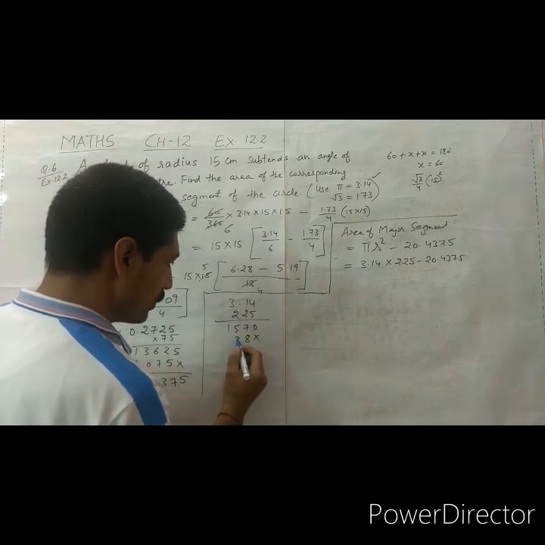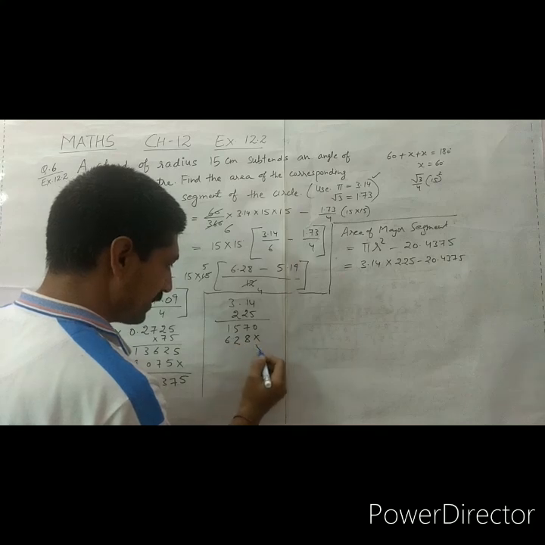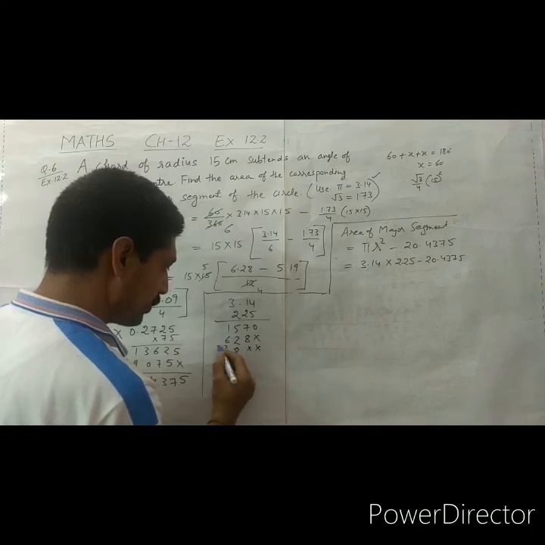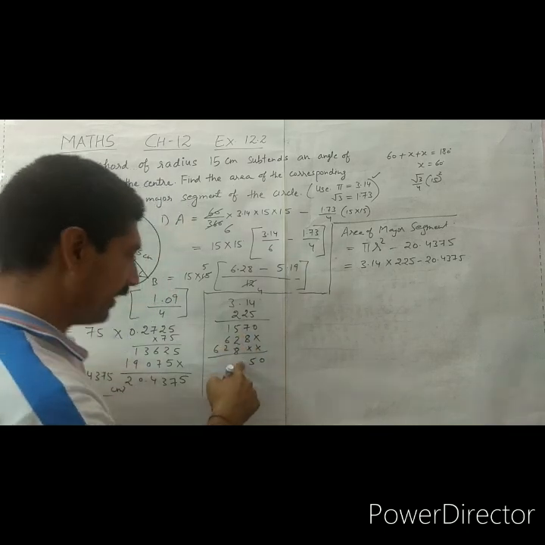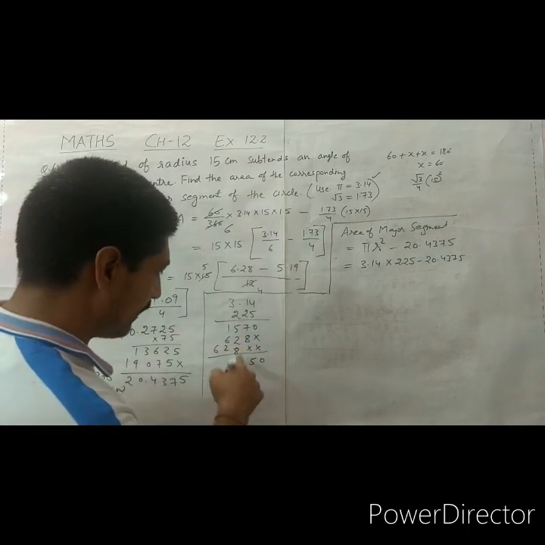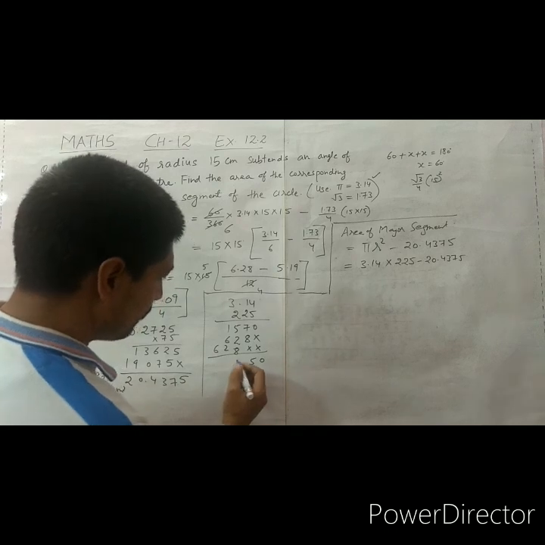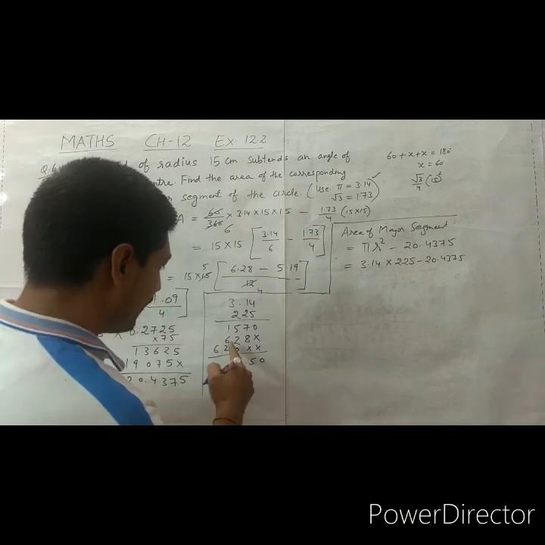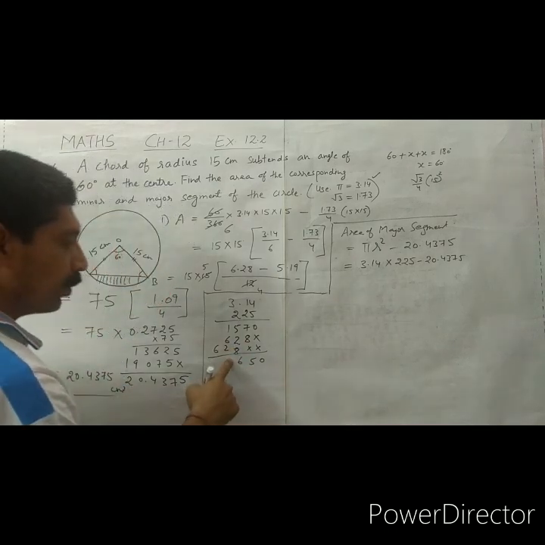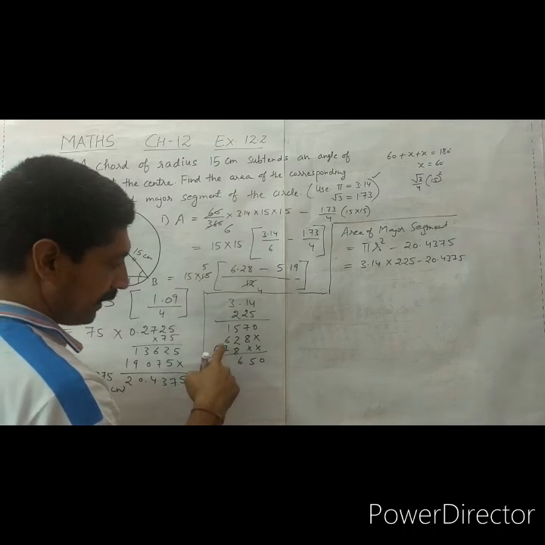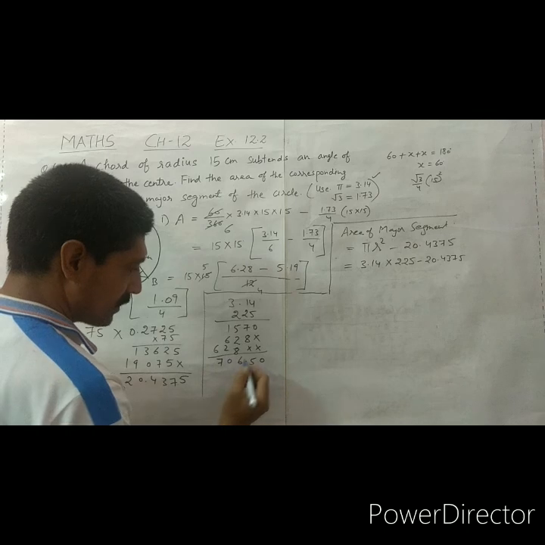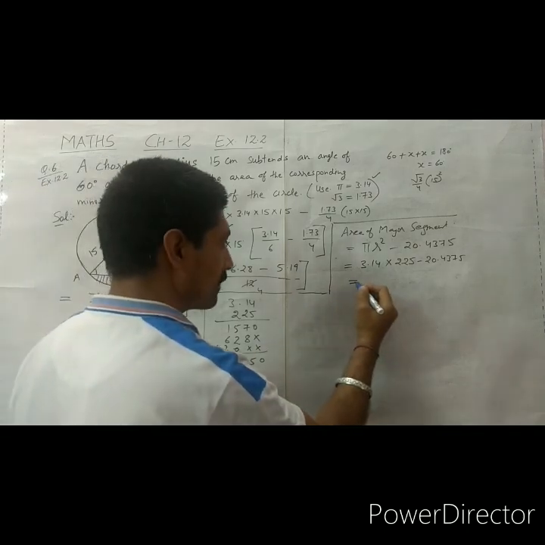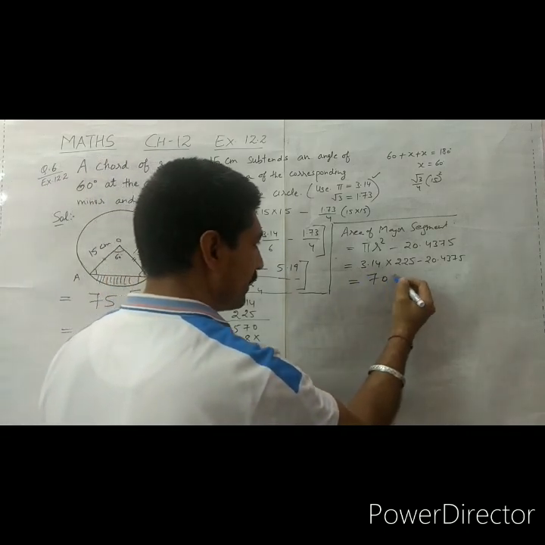It is 2, and here it is 6. So again 8 to 6 we have 0, 15, and here we have 7 and 8 again. 15 plus 1, 16, and 1 carry, 8, 9, 10, and here it is 7. So we have the area of the circle.